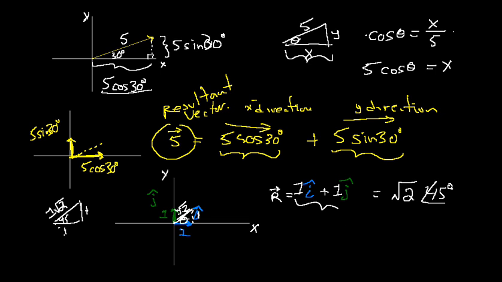So the result of a unit vector in the x plus a unit vector in the y is going to be root 2 at an angle of 45. In other words, you're going to have a vector whose magnitude is root 2 at an angle of 45 degrees to the x or y axis. Okay?